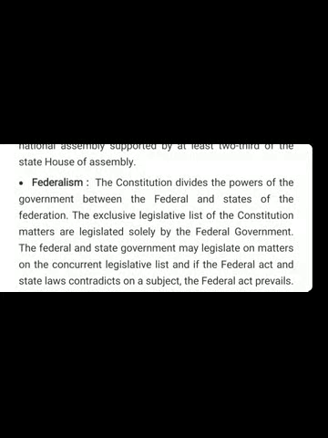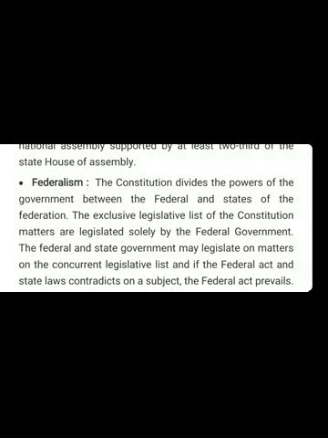The Constitution divides the power of government between the federal government and the states of the federation. On matters on the exclusive legislative list of the Constitution, legislation is made solely by the federal government.